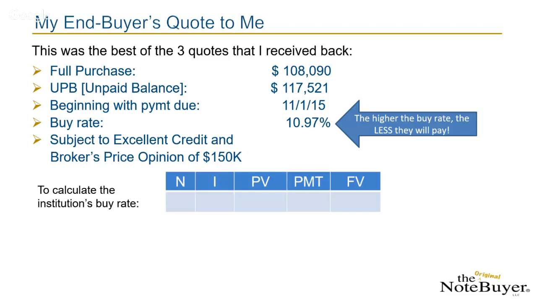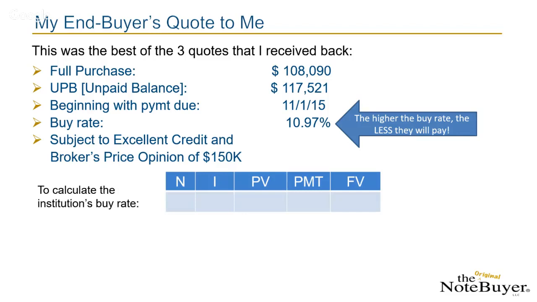And the interesting thing about this is, like I say right here, the higher the buy rate, the less they're going to pay. Remember from your studies that the two are inversely proportional. It's a very important thing to know about notes.